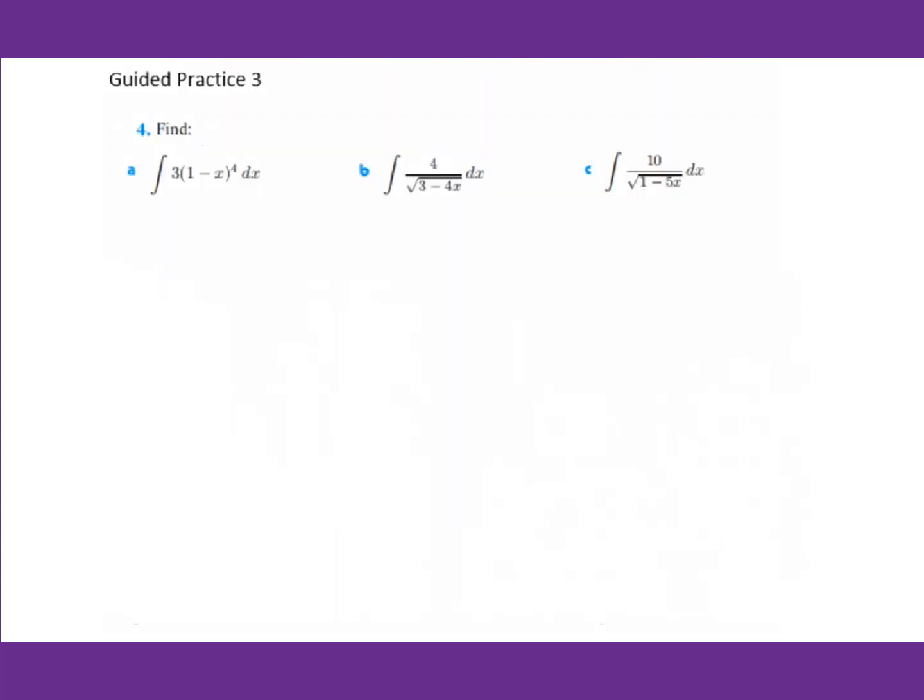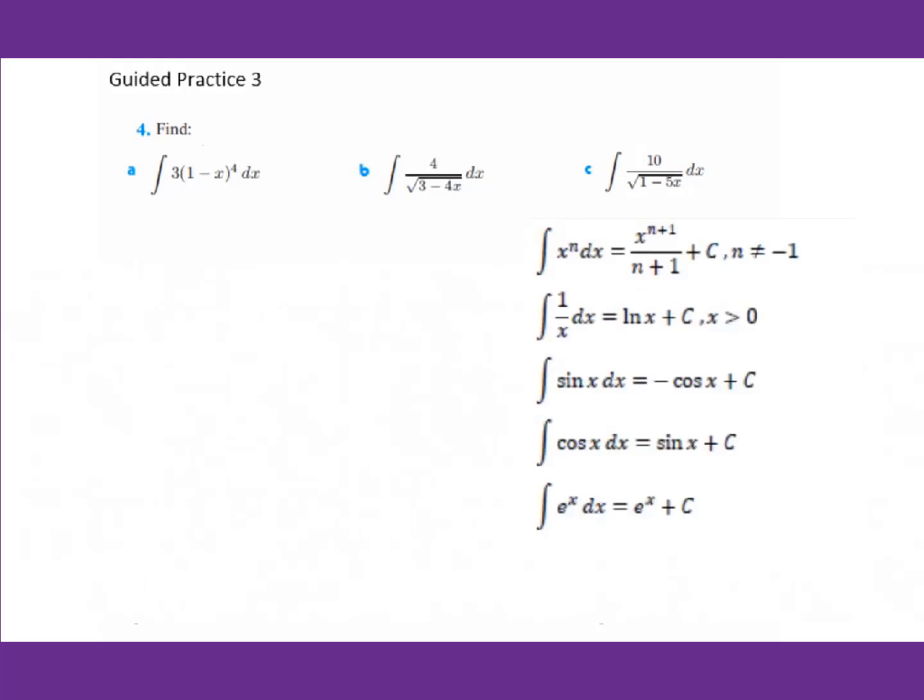Now let's go to guided practice 3 for a. Because when you take an IB exam, this formula is given, so I use the formula given to figure out the integral. For the a, integral of 3 times 1 minus x to the 4th power dx. 3 you take out.